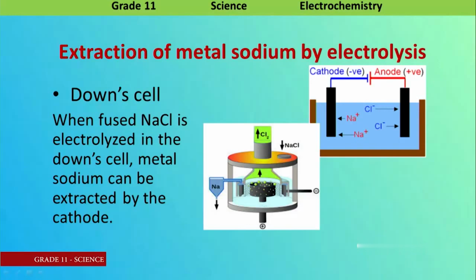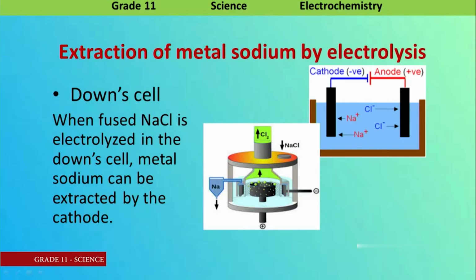What happens at the cathode when sodium ions are attracted towards the cathode? Sodium ions receive electrons from the cathode and turn into sodium metal. And this sodium metal gets attracted to the cathode.